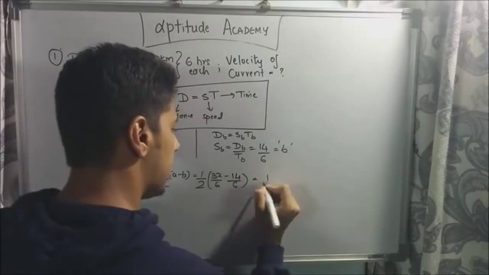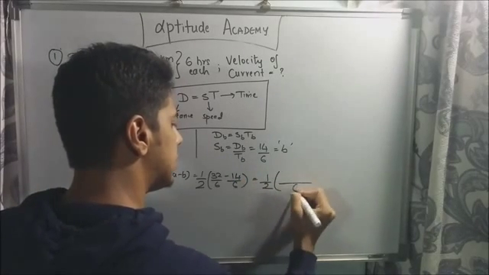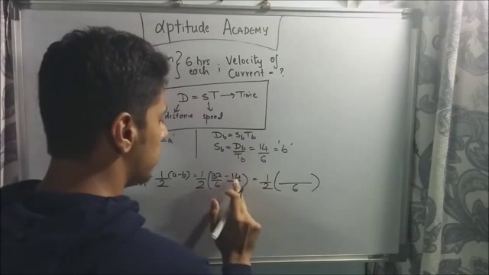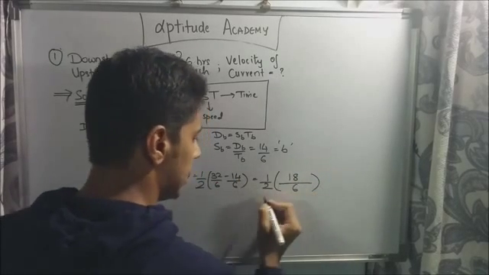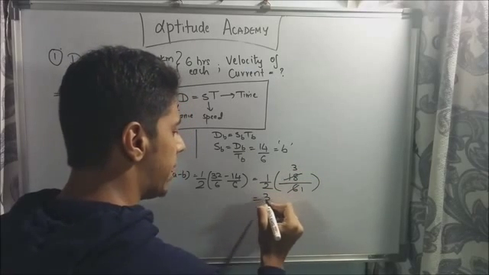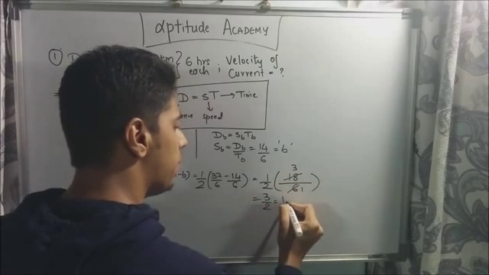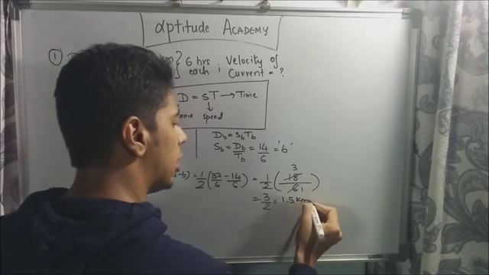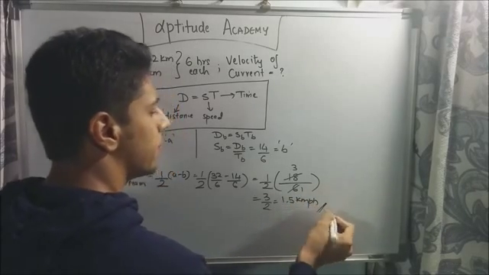So it will give you half, 6 is the LCM, 32 minus 14, that is 18, right? 6 threes are 18, so 3 by 2 or 1.5 kilometers per hour. This is your answer.